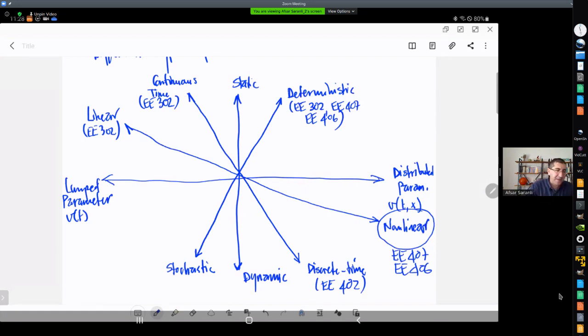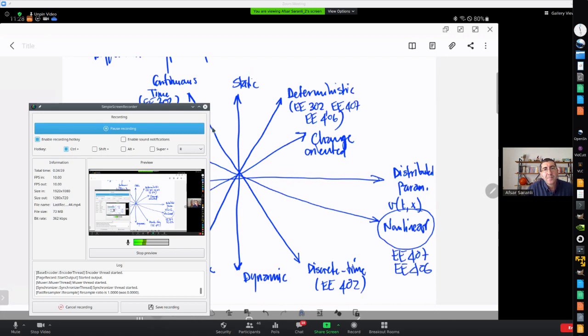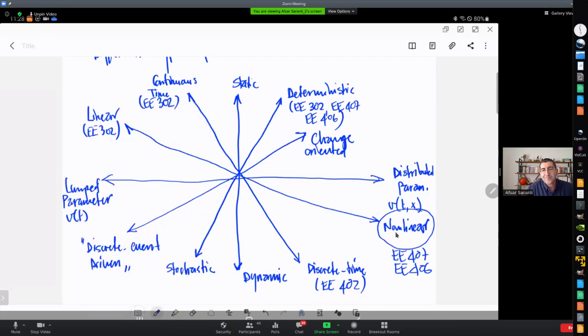Finally, I have here change-oriented systems versus what is called discrete event-driven. What's the difference?